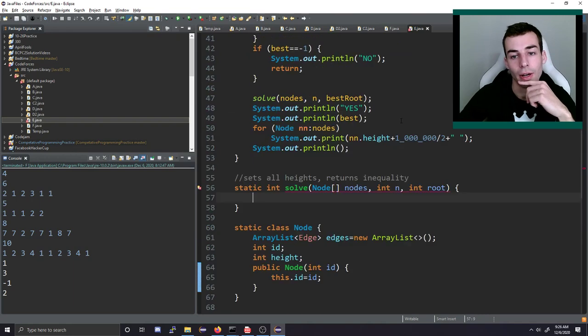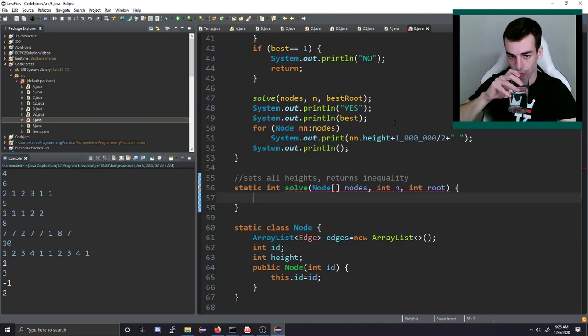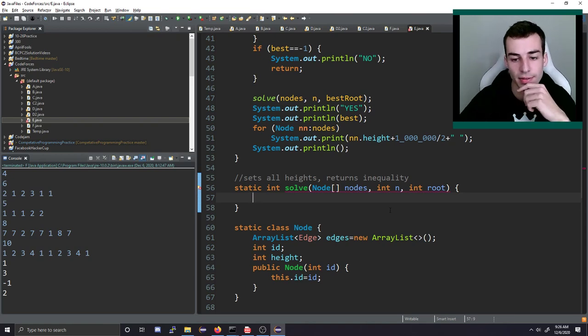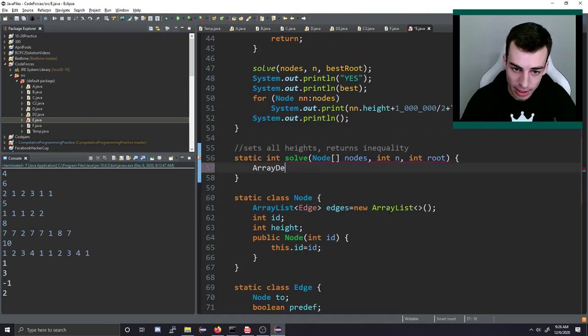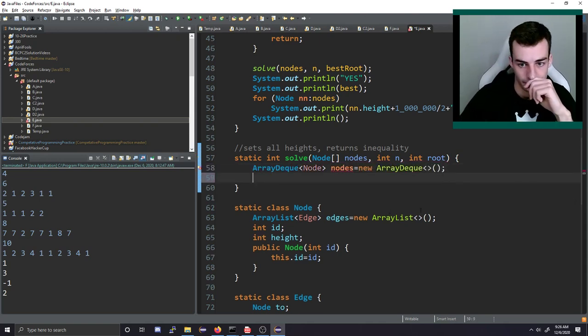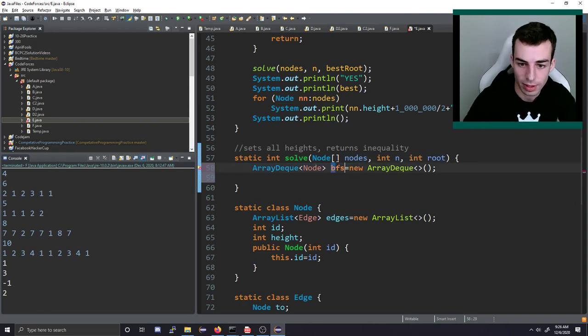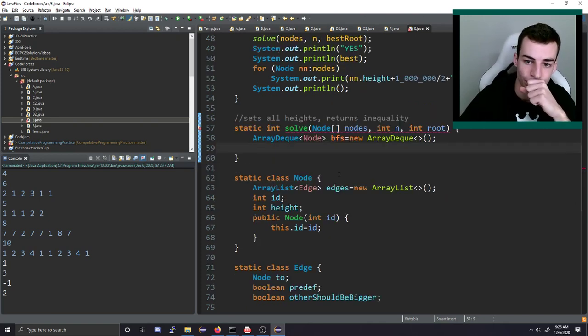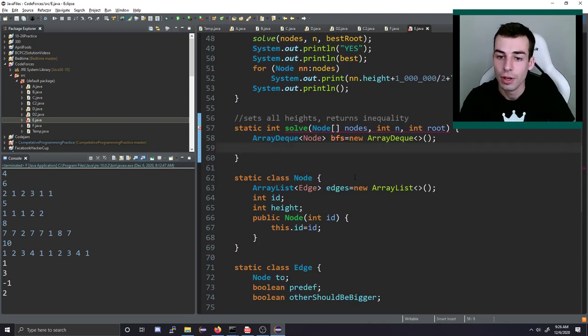Okay. How do we do this part? Start with a BFS. Array deck node nodes. Array deck. This is BFS. Yeah.